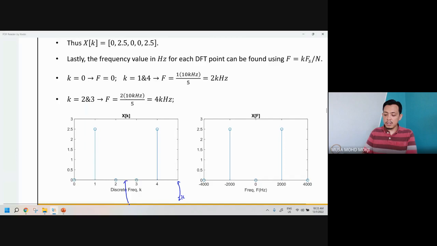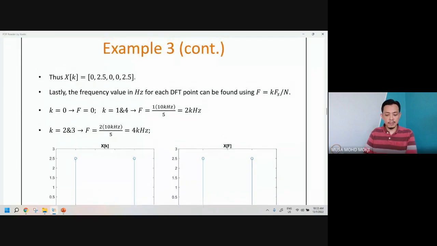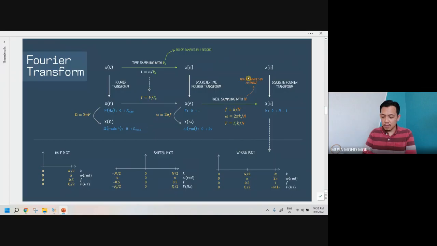And because we have fs, instead of xk we can plot xf, with a capital F. We have capital N equal to 5, and fs equal to 10,000 hertz.